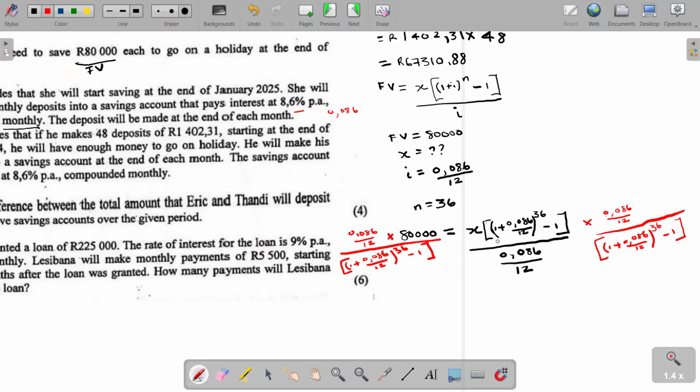On the right-hand side, this big bracket will cancel with this big bracket, and this will cancel by dividing by that. So we are left with x.